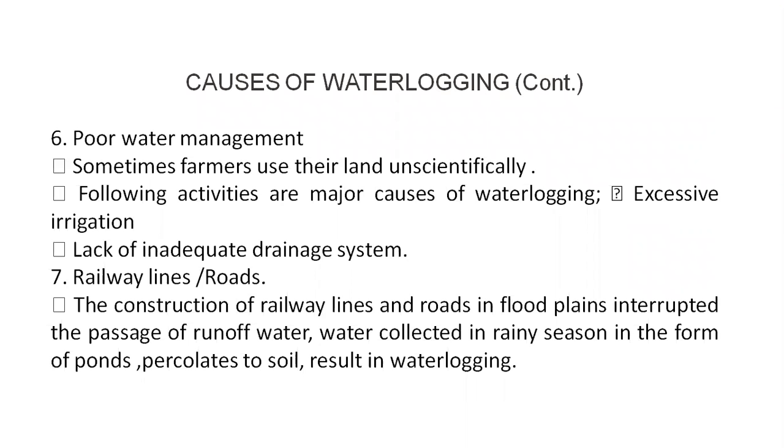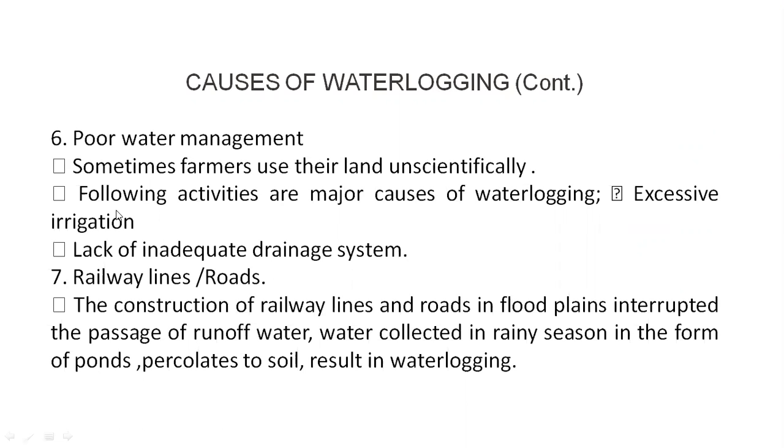Sixth cause is poor water management. This is very important when we talk about the farming system. Normally the farmers are quite poor and they want to make money, so sometimes farmers use their land unscientifically and unsustainably.